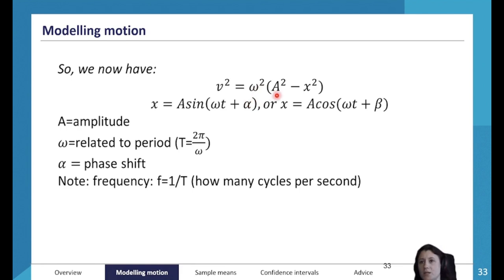Then getting into these next formulas, these ones describe the displacement. Alright, so again we have the angular velocity, and then we also have the phase shifts. As per usual with any sort of trig functions, you usually try to use either sine or cos so you don't have a phase shift, just because it makes it more complicated, and we know that sine and cos are only a phase shift apart.